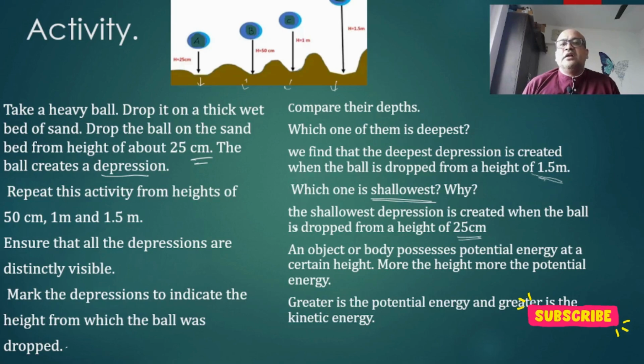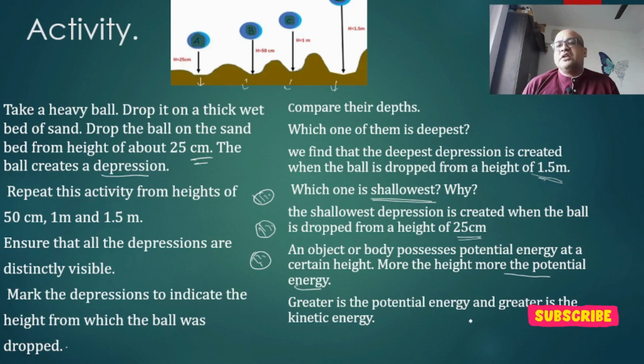The difference is because an object or a body possesses potential energy at a certain height. As the height increases, the potential energy possessed by the body also increases. More the height, more is the potential energy.